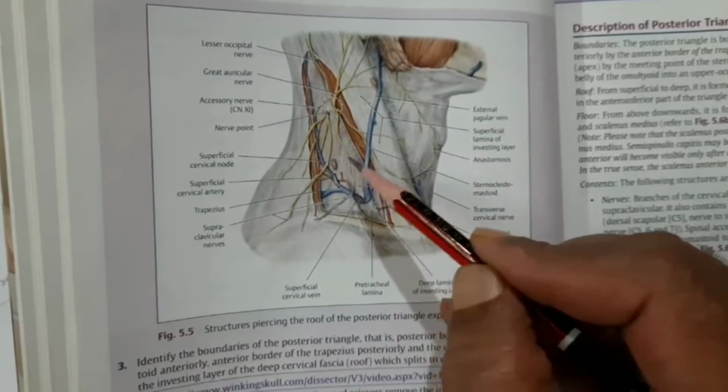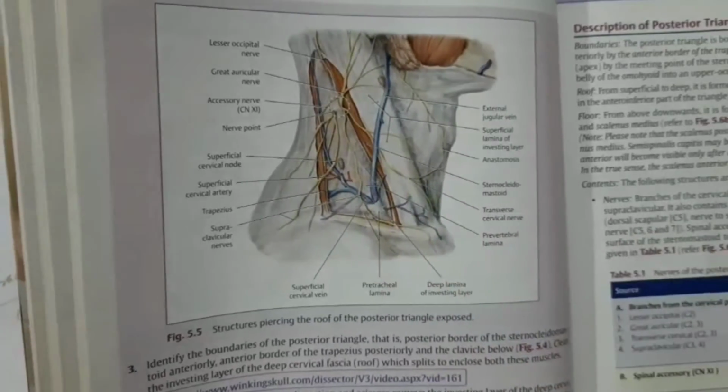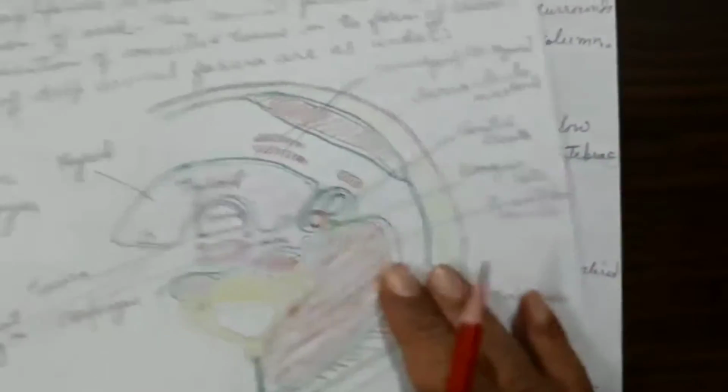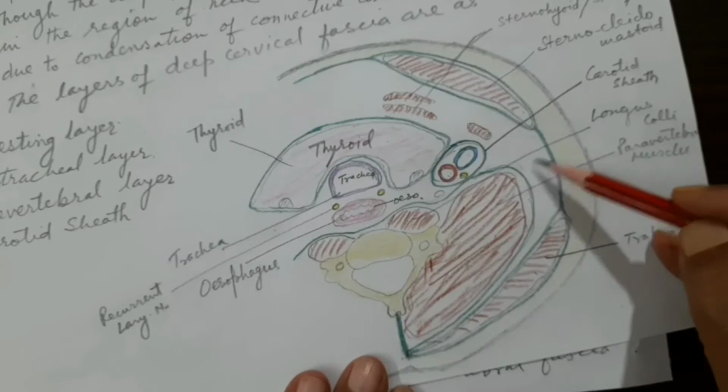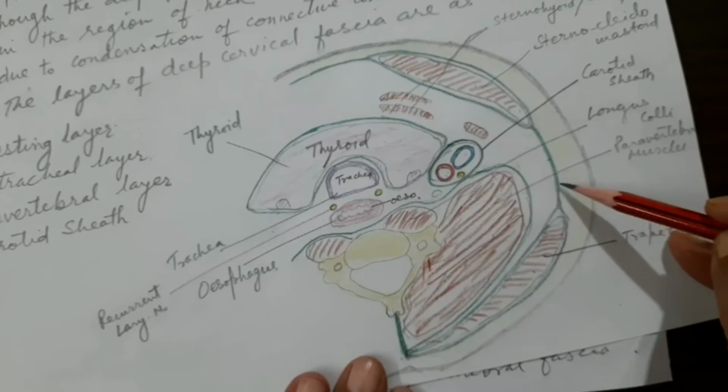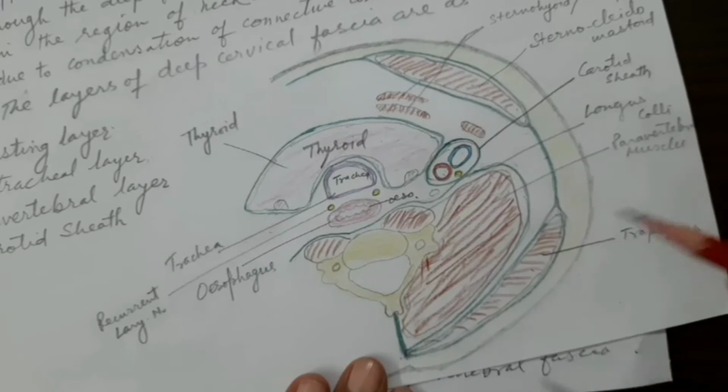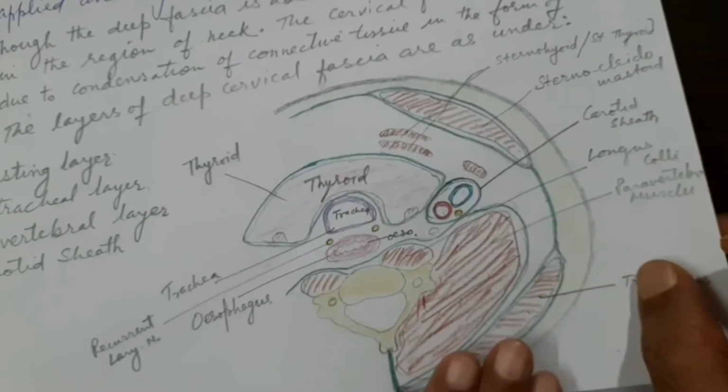In this region it forms the floor of the posterior triangle, which in this cross section was the part seen deep to the roof of the posterior triangle. So this is the floor of the posterior triangle.